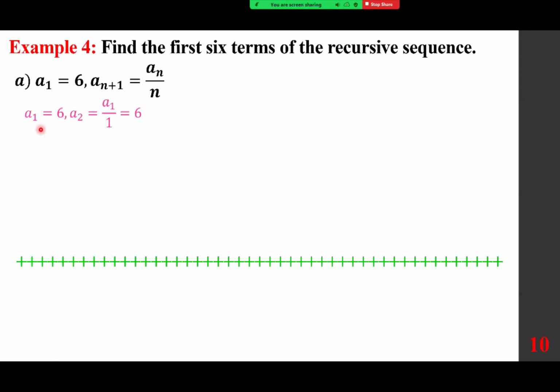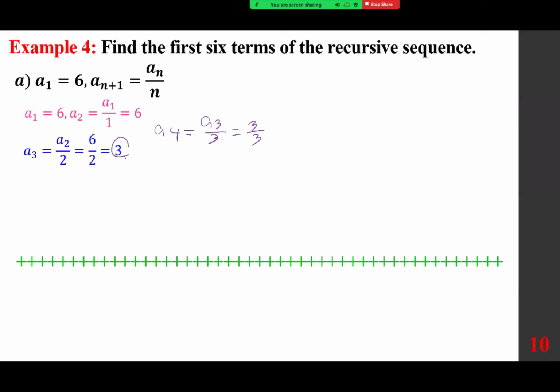I want the next one, I want a sub 3. So I need the previous one, which is a sub 2 divided by 2. A sub 3 is a sub 2 divided by 2, which means 6 divided by 2 is 3. Let me do one more, a sub 4. If I want a sub 4, I go to the previous one, a sub 3, and divide by 3, which makes it 3 divided by 3, right?